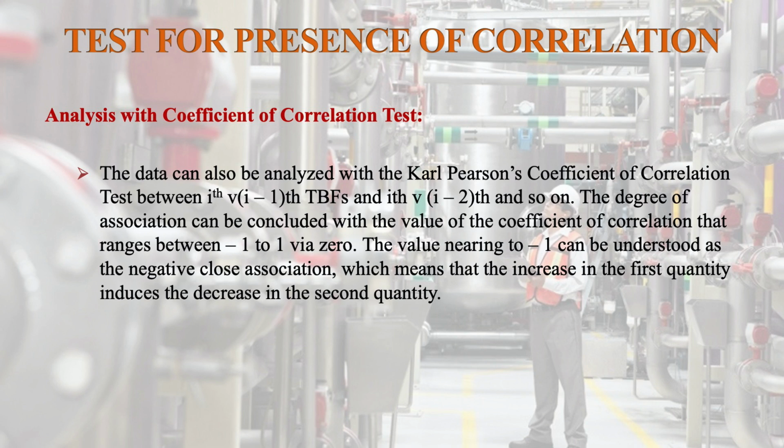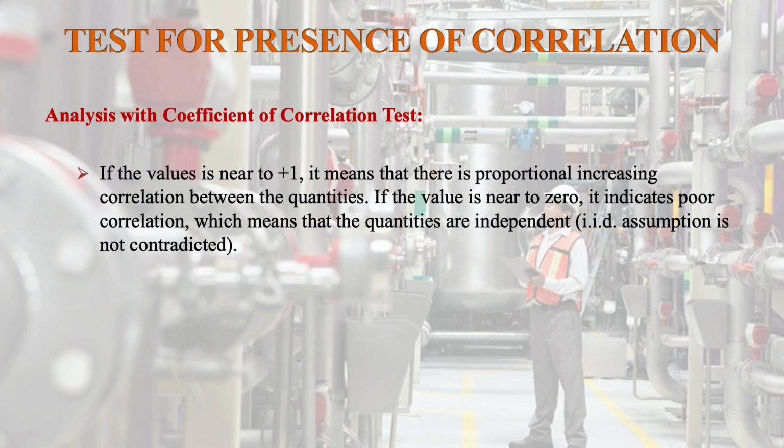A value nearing minus 1 can be understood as a negative close association, which means that an increase in the first quantity induces a decrease in the second quantity. If the value is near plus 1, it means that there is a proportional increasing correlation between the quantities. If the value is near 0, it indicates poor correlation, which means that the quantities are independent.